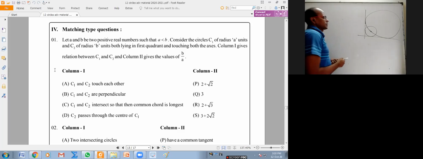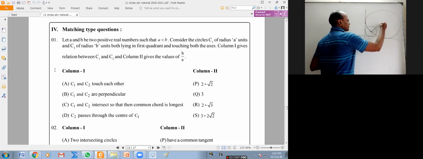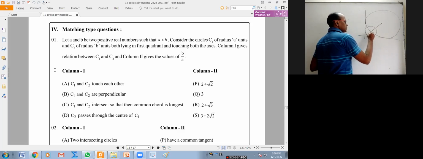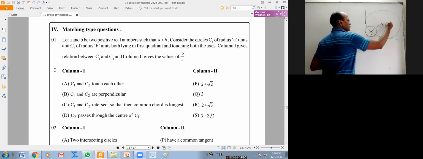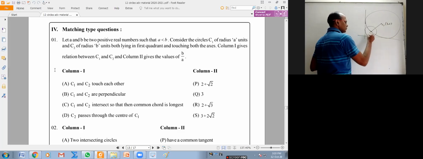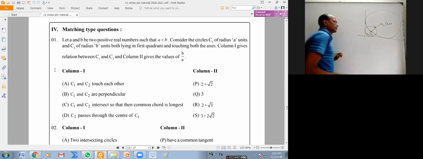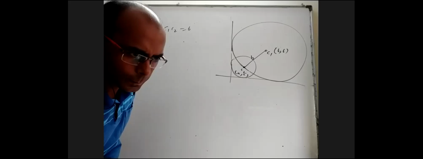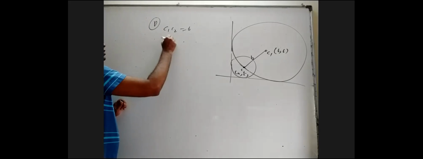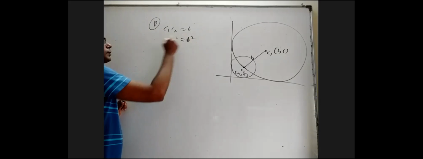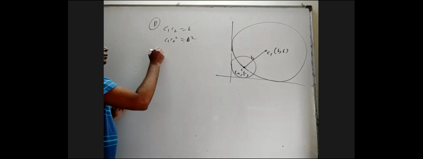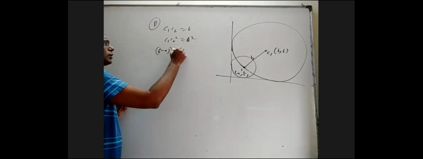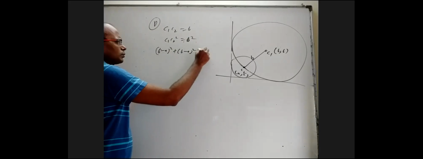Okay, passing through the center, how to deal with it? Simply C1C2 is R. Whatever, this is C1, this is C2, this is (B, B), this is (A, A). It should be equal to the radius B itself. So C1C2 equals B. C1C2 square equals B square. This is (B minus A) whole square plus (B minus A) whole square equal to B square.